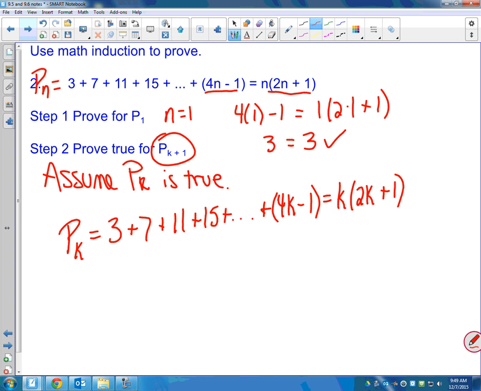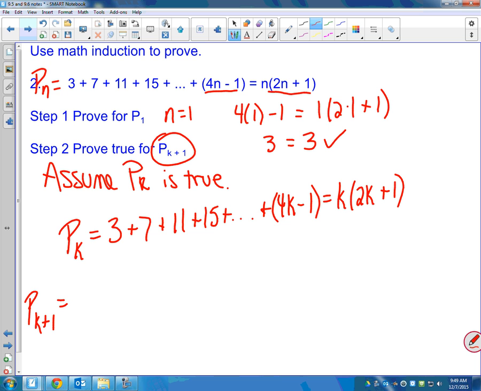Okay, so my next step is I want to say, what does p sub k plus 1 equal? On this side, do you agree that this whole thing is p sub k, that I would have to write the k plus 1 term as 3 plus 7 plus 11 plus 15 plus this plus the next term?